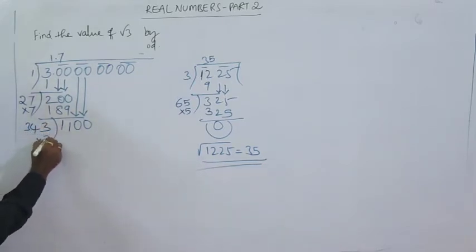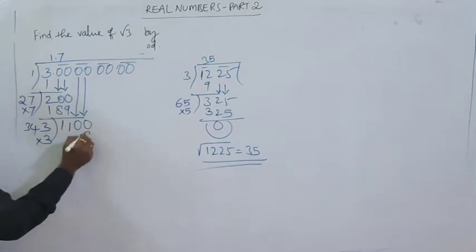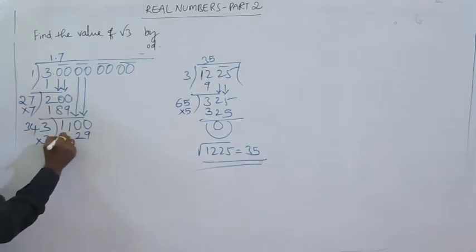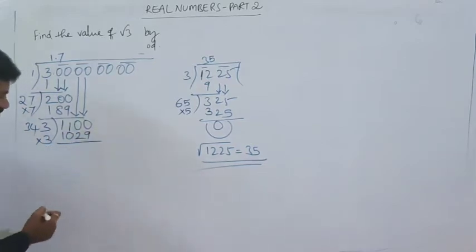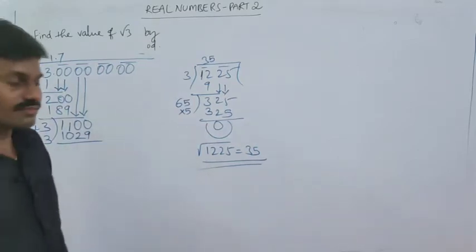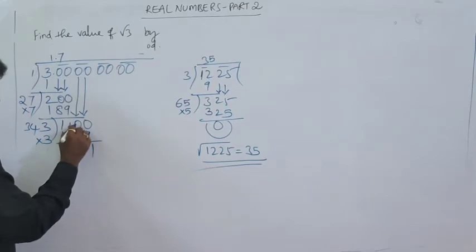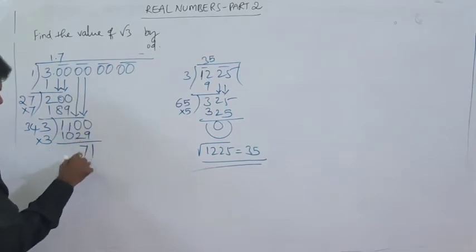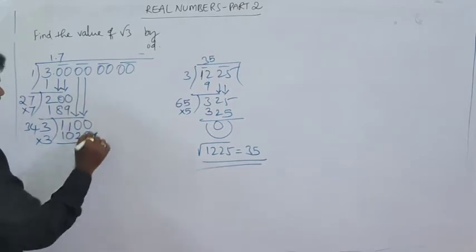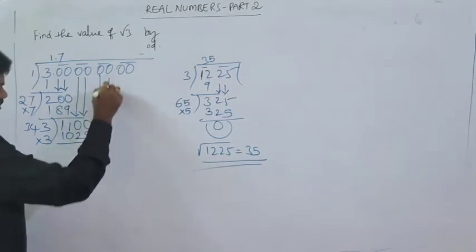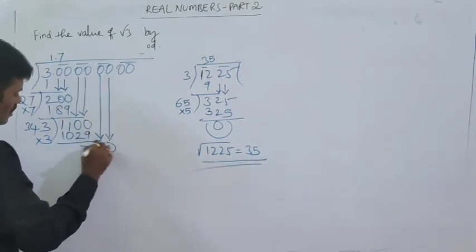Then 343 into 3. 3 3s are 9, 3 4s are 12, 3 3s are 9 plus 1, 1029. Is it clear? Now 10 minus 9, 1. Again subtraction we will get 71 here. Next, again the same procedure, bring down 2 zeros.